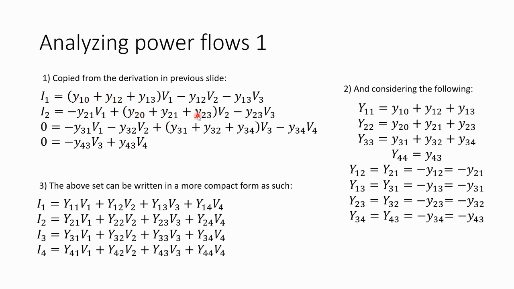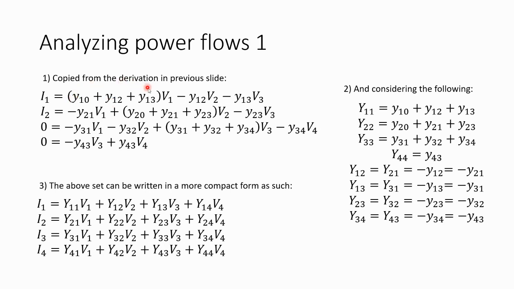So these unique terms are what we call the self-admittance term. Self-admittance is defined as the summation of all the admittances that are connected to the bus.